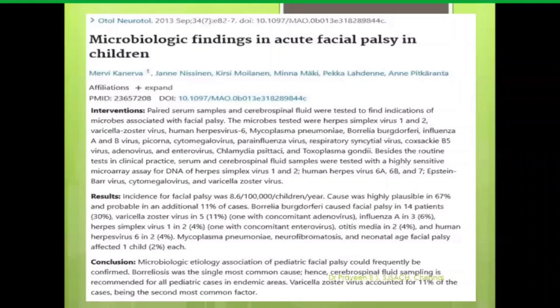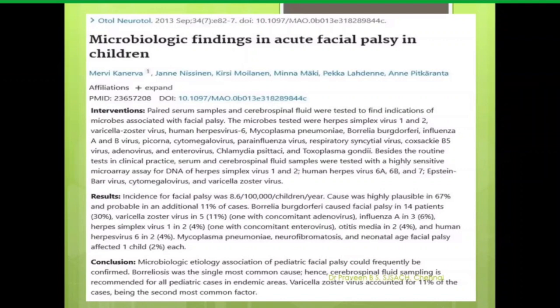This particular article shows that whenever the normal nasal microbiome is destroyed, there is a chance of presentation of various neurological disorders. This is one among them. The Bell's palsy presentation is there, and that is also the transient variety.